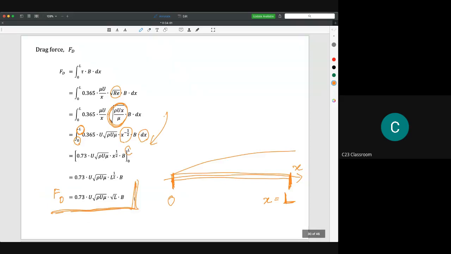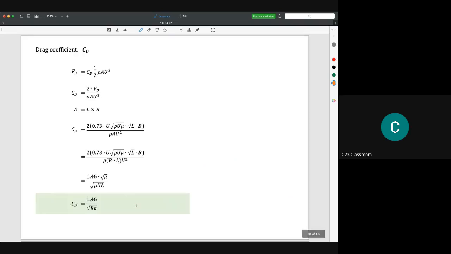So this is the drag force that occurs in that situation. Instead of drag force, people normally use the drag coefficient to solve problems.